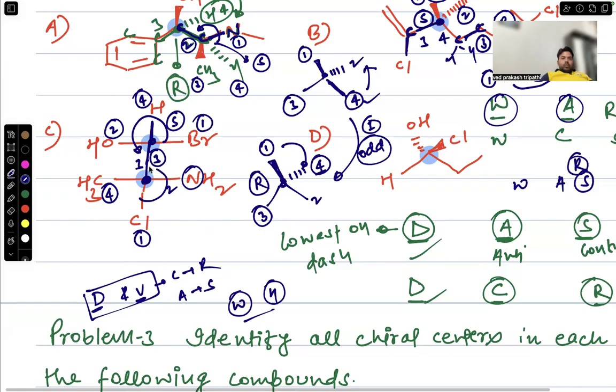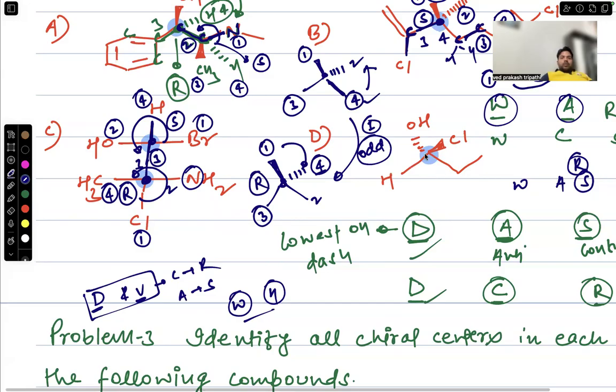So 1 to 2 is going anti-clock and we know that anti is generally S. So flip your answer, it would be R. Make sense? Tell me everyone, it makes sense?